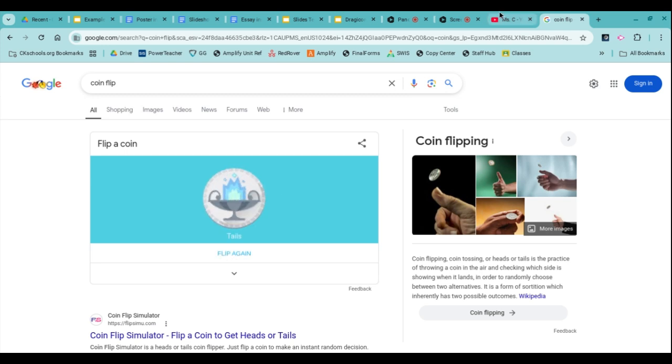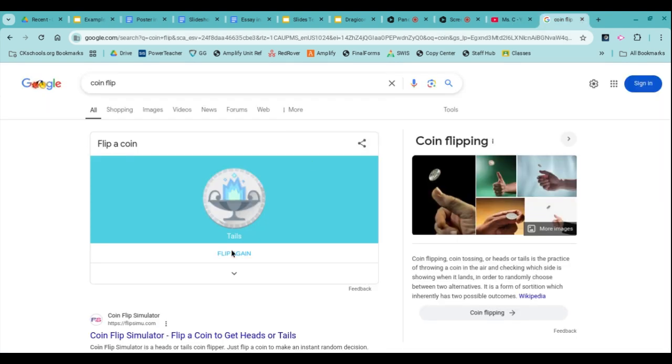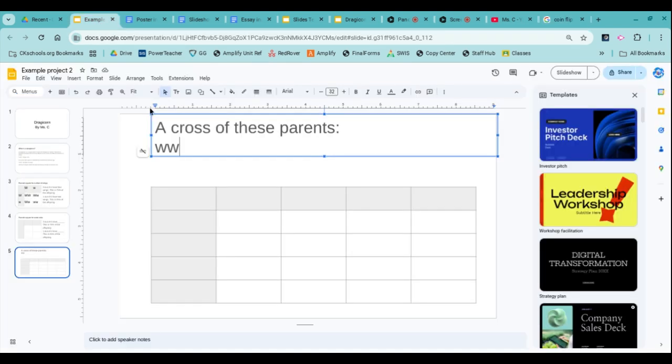Oh, recessive again. All right, dominant and recessive. All right. So there's my first parent.